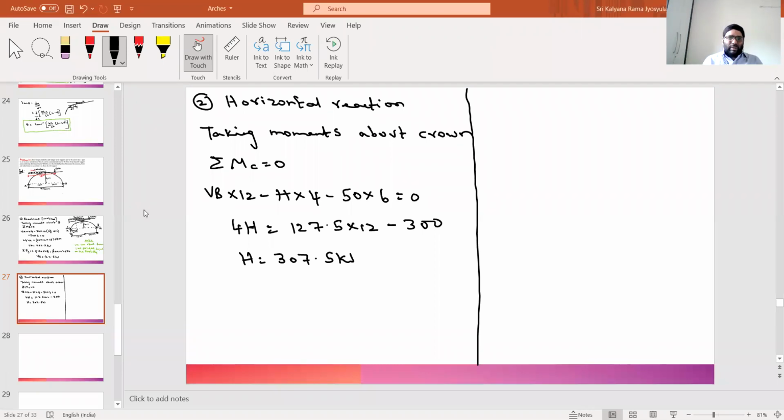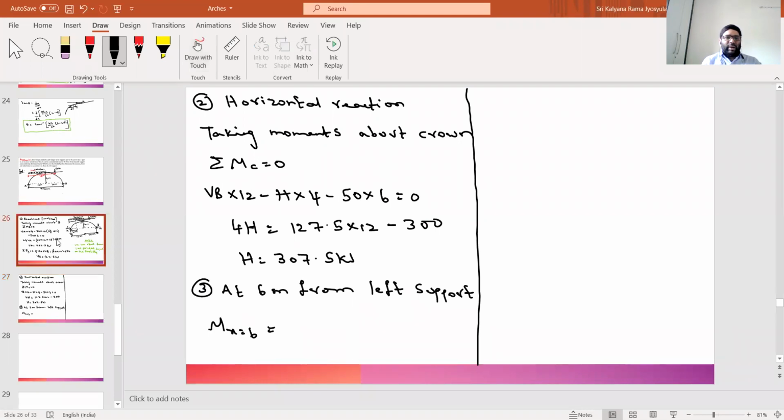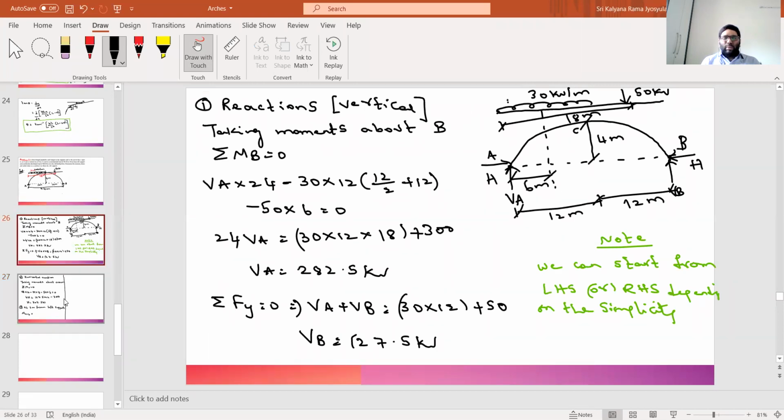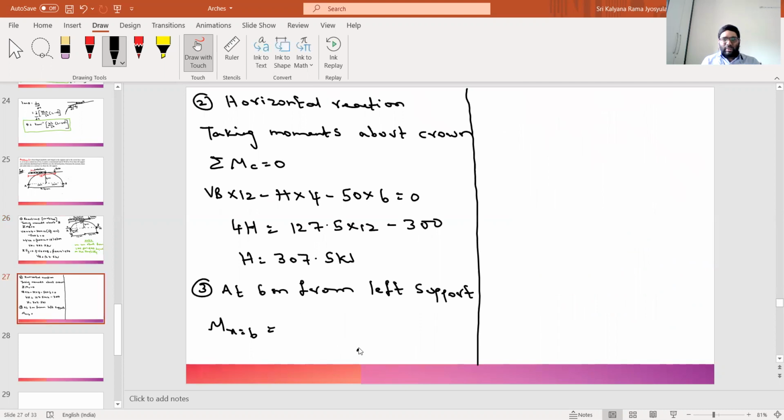So now, third step, at 6 meters from left support, what do we need to calculate? Moment. So moment at x is equal to 6. If we take that specific section alone, you have UDL, this is the cut section XX.